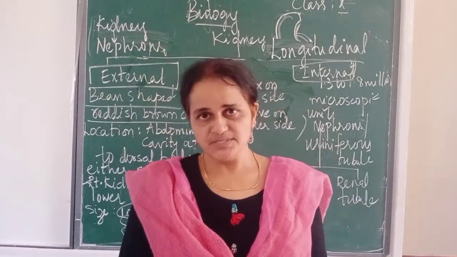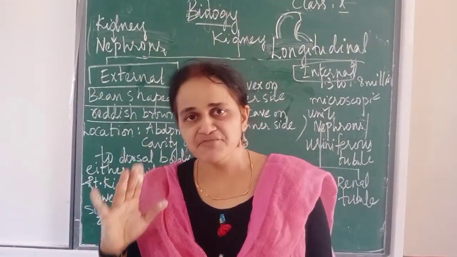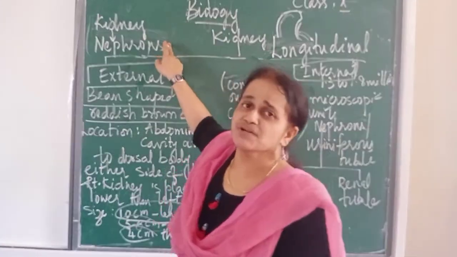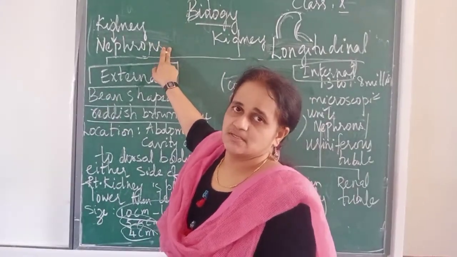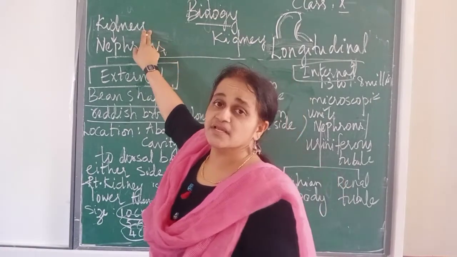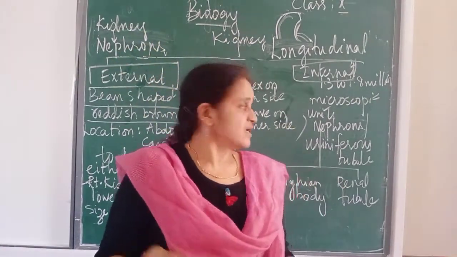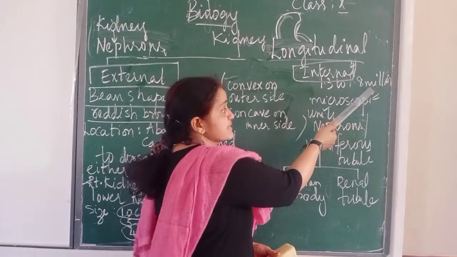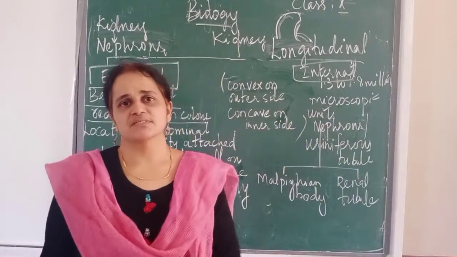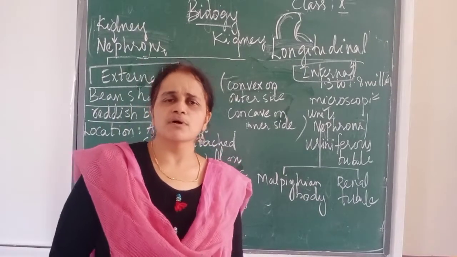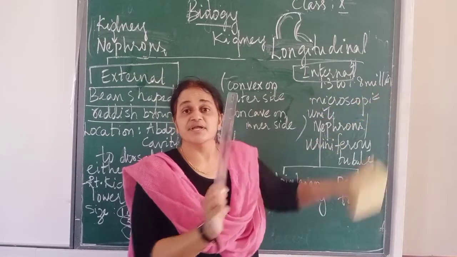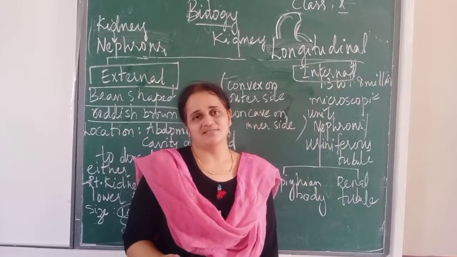Don't say neurons. Nephrons. For these nephrons we have one more name, uriniferous tubules. Each kidney is made up of nearly 1.3 to 1.8 million nephrons. Not one, not two, not hundreds, not thousands. 1.3 to 1.8 million nephrons.